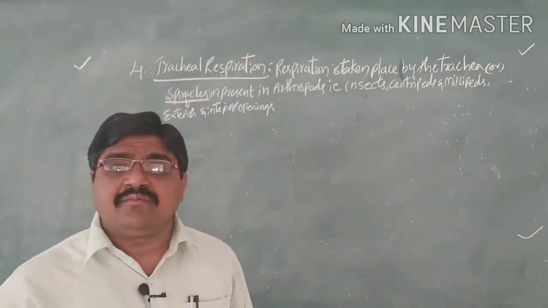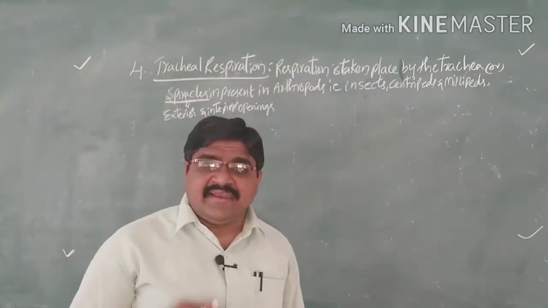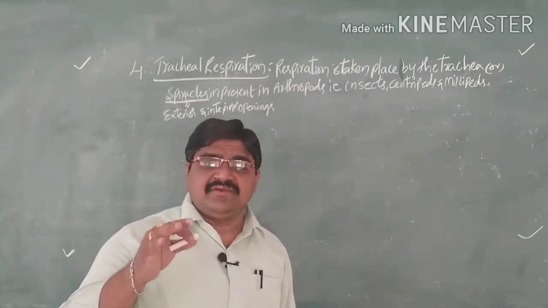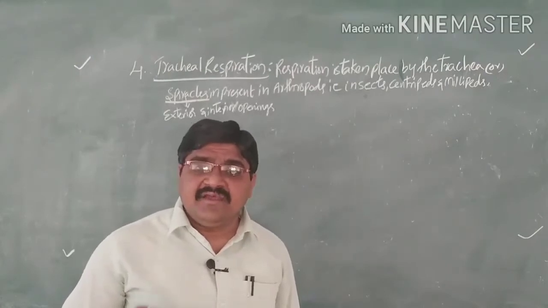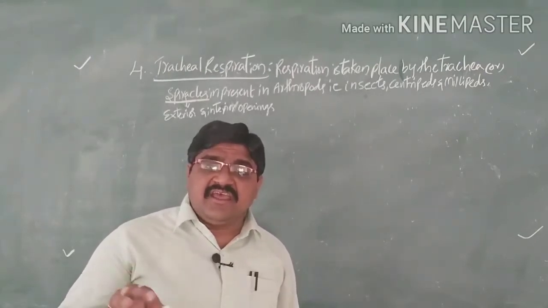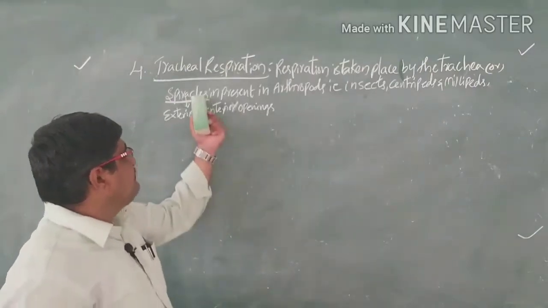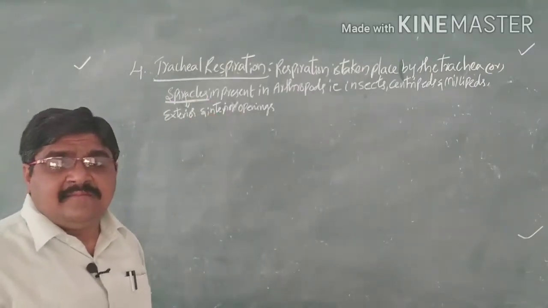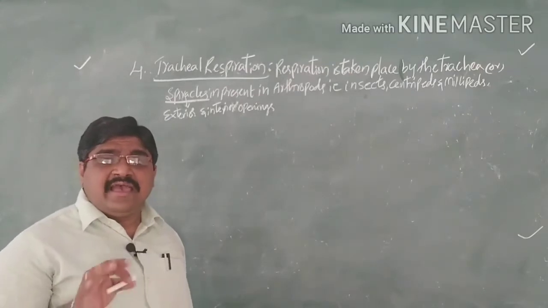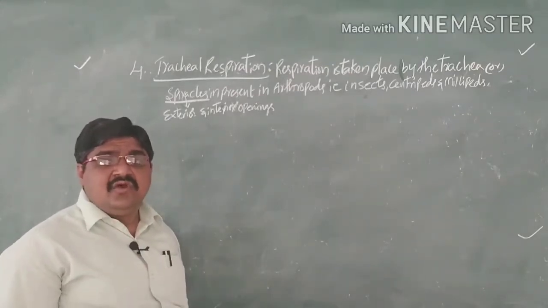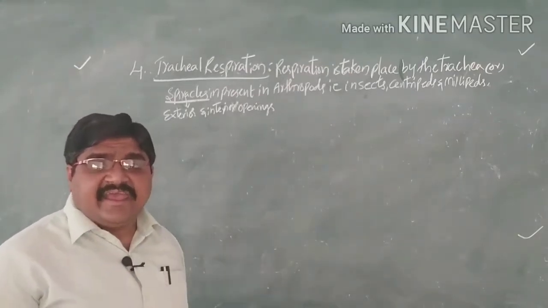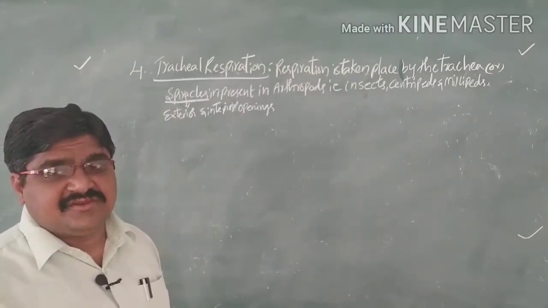So this type of process we call tracheal respiration. In the trachea there are openings, and that opening is called a spiracle. Through these spiracles the exchange of gases takes place.